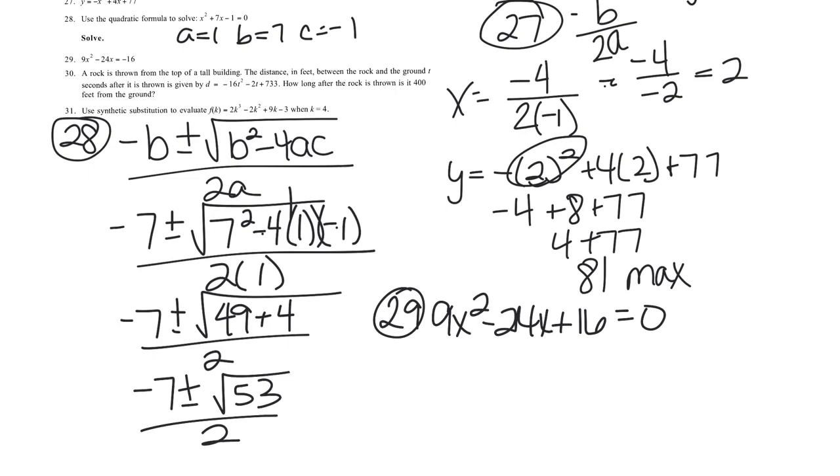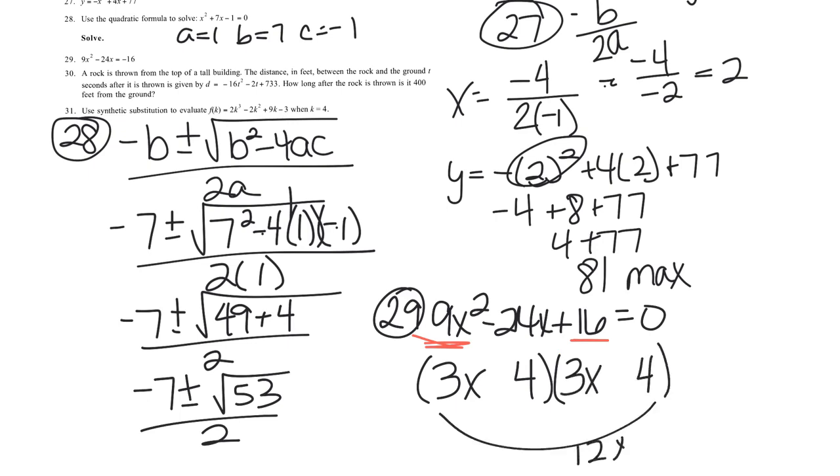So first I see a perfect square, and a perfect square. So I'm going to see if this is going to work if I try 3x and 4, 3x and 4. That's outside gives me 12x. My inside gives me 12x. I need it to be negative, so they both are negative, which then gives me the positive 16. And that's a whole lot faster than using quadratic formula.